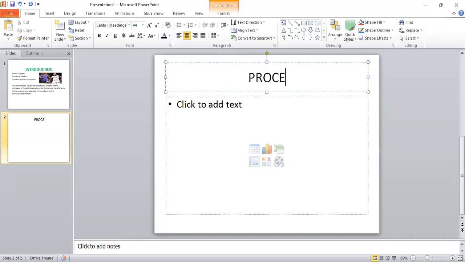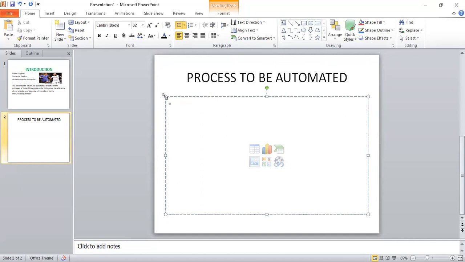Process to be automated, or you can even write the process there, right?